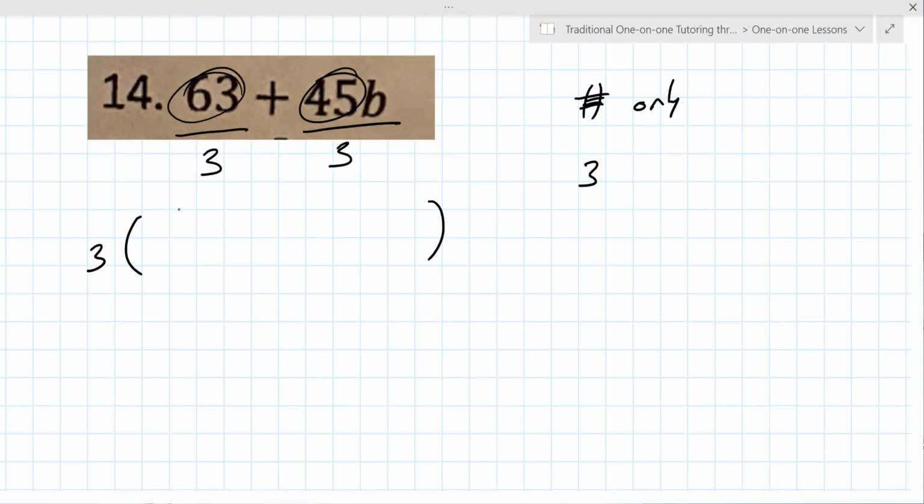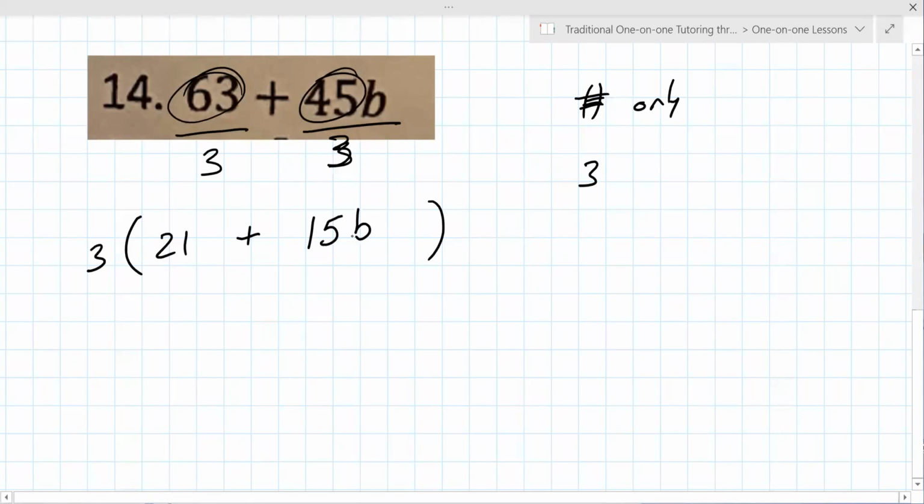Try again. 21. How about 45b divided by 3? 15b. Okay.